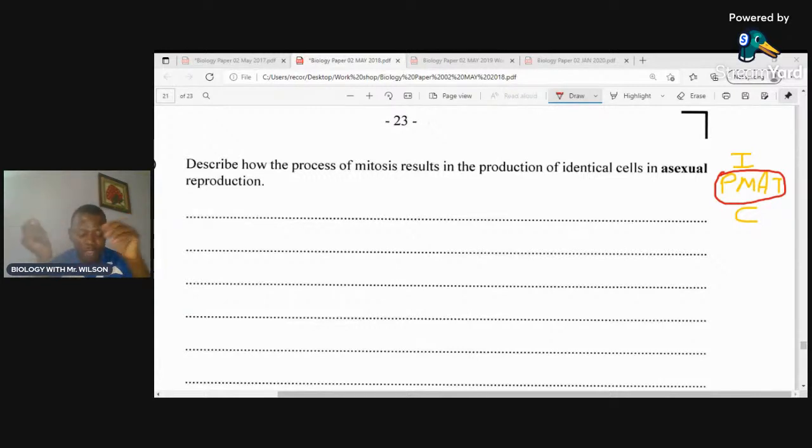But how do we answer this question? It's a very long answer, really long. I don't know if you could answer that in the space that we have there.